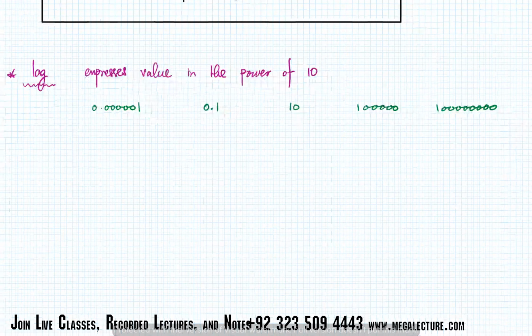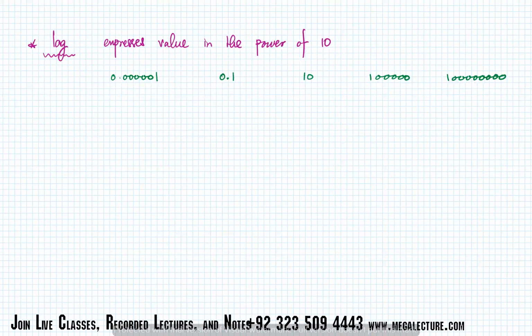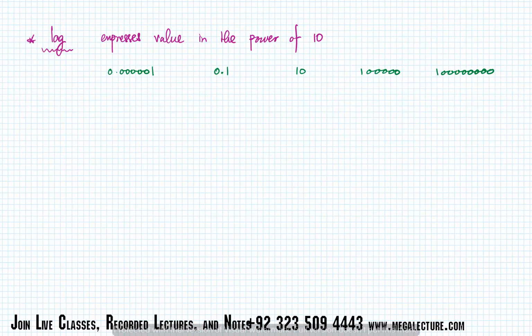So I've got very small numbers and very big numbers. Now in science you study data a lot, and you make graphs. Whenever you look at any science, there's always a table or a graph involved.